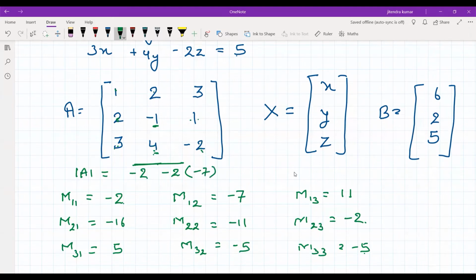And then plus 3 into 11. So this will be equal to -2 + 14 + 33. So this is equal to 45.